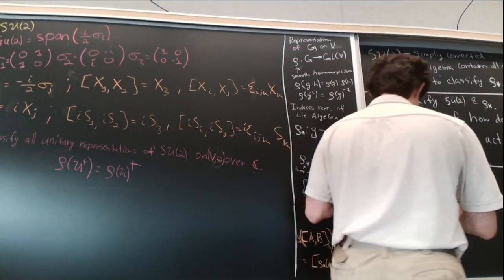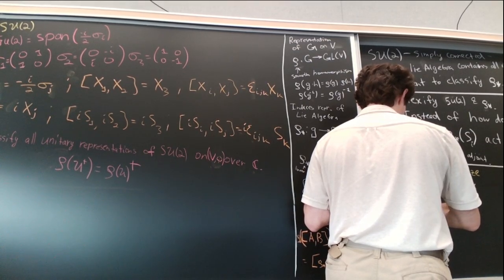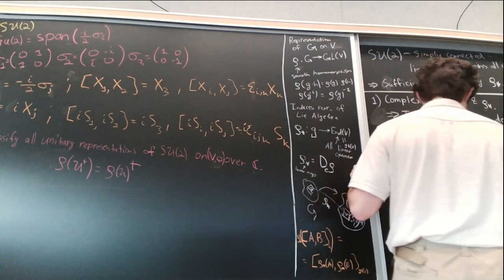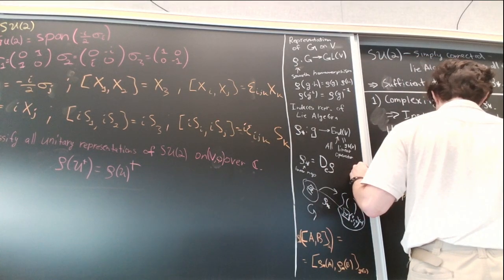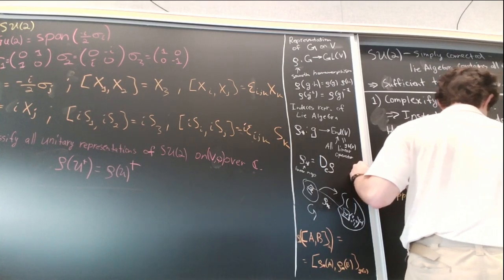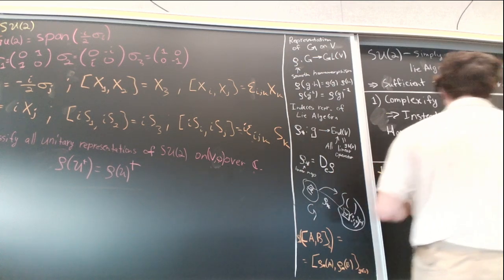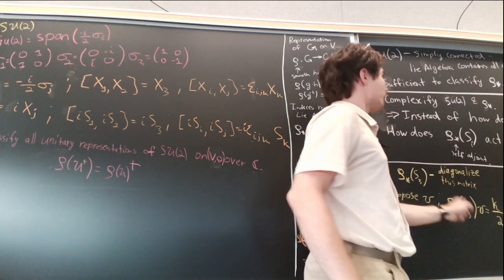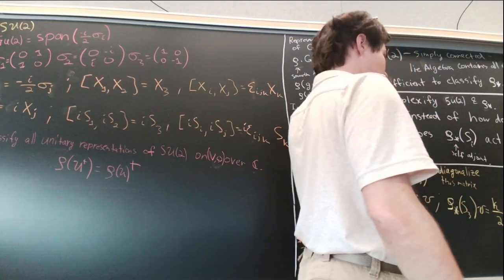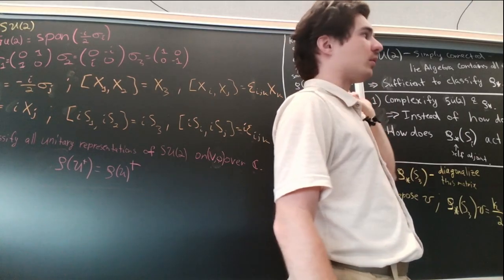So suppose v is an eigenvector of this matrix with some complex eigenvalue. Hmm? The eigenvalue will be real, because S3 is self-adjoint. Ah, okay. So the x's would have complex eigenvalues, but I'm rewriting this in terms of the s's, so they have real eigenvalues. I could write everything in terms of the x's; the story would be the same.